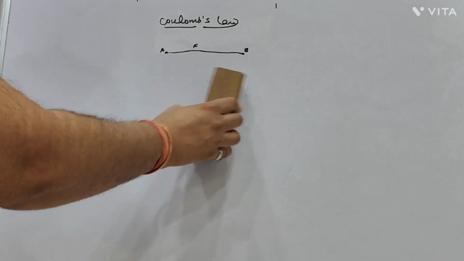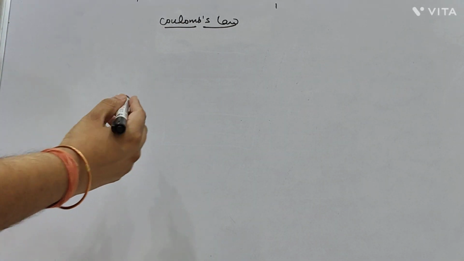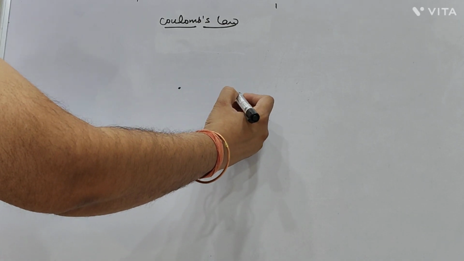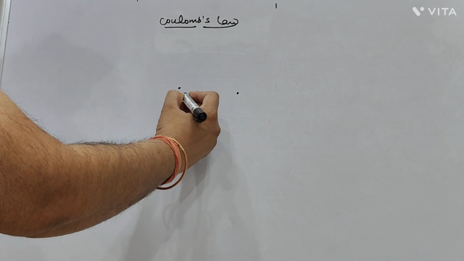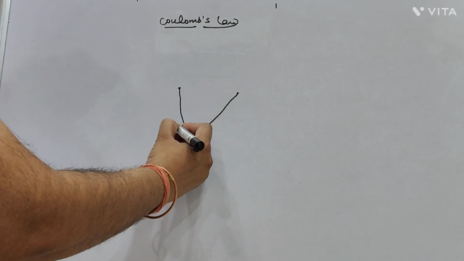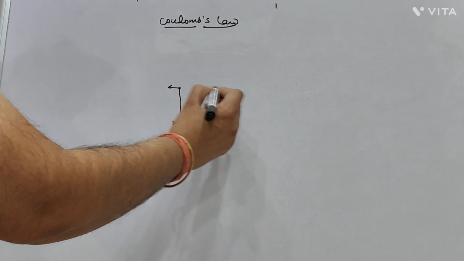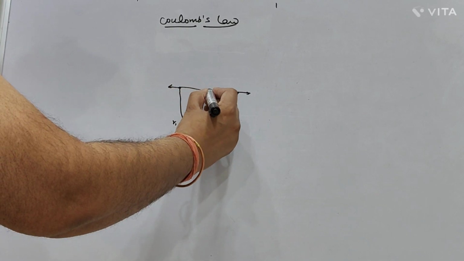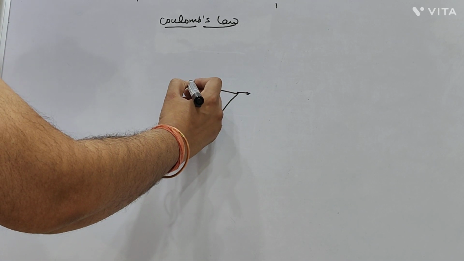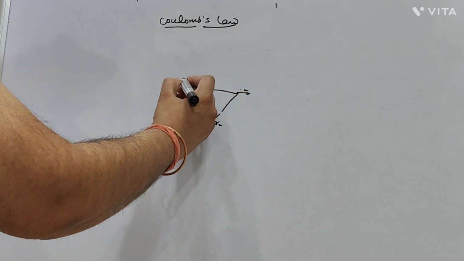Now suppose we take 2 point charges at distances R1 and R2 from the origin. This is the first charge and this is the second charge.